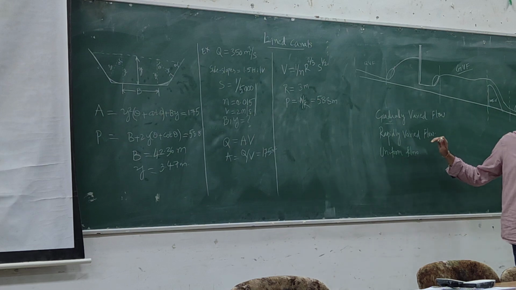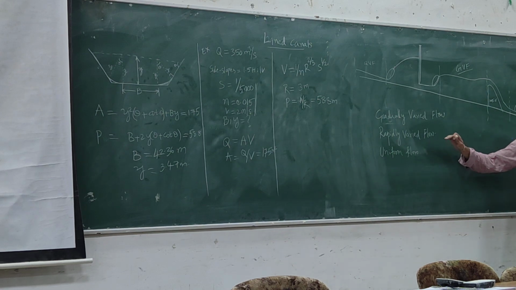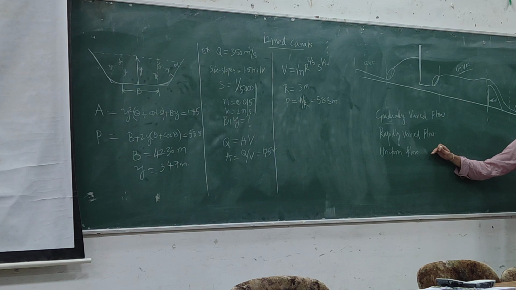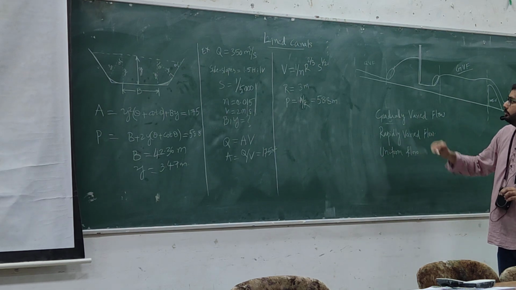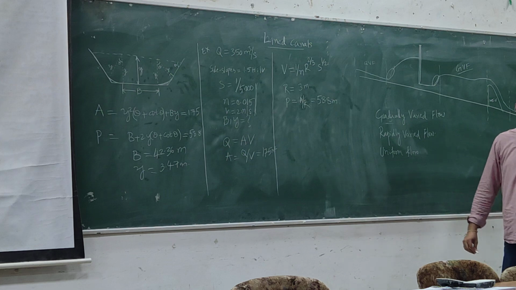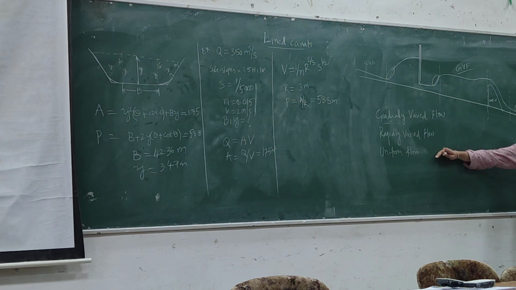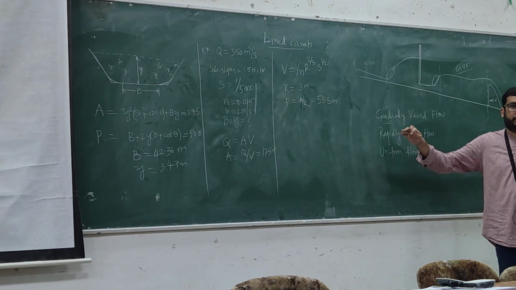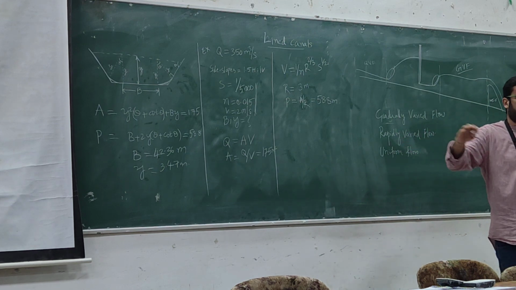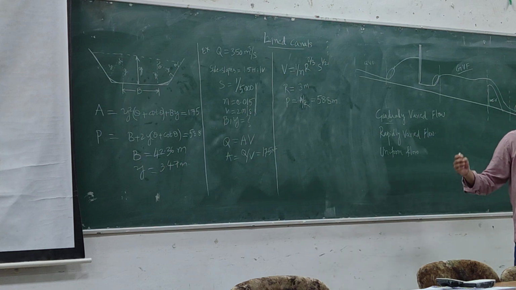Okay, anyway, so do we observe uniform flow in this? So the uniform flow depends on the length. If you have a sufficiently long channel so that the flow depth stabilizes, then you would observe uniform flow.